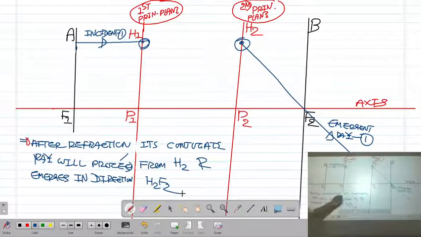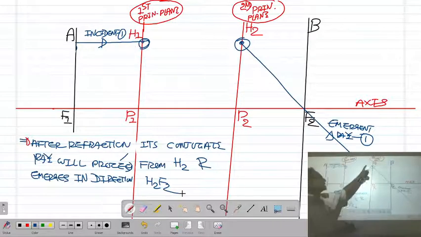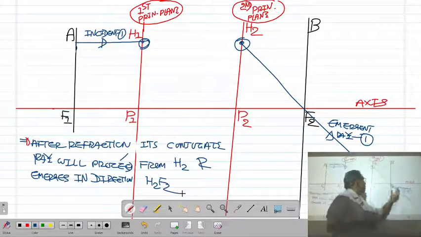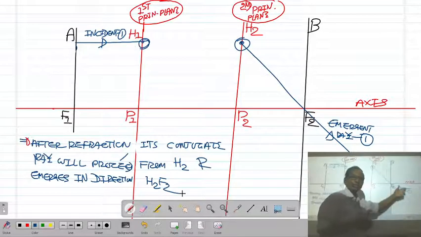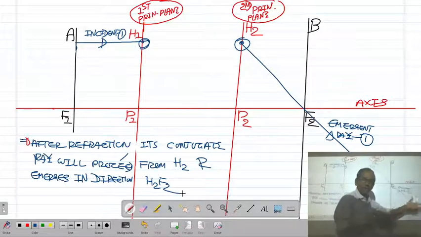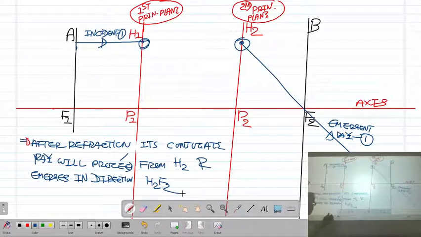Okay. So the ray of light AH1 traveling parallel to the axis is incident at point H1 of the first principal plane. After refraction, its conjugate ray will proceed from point H2 and emerge in the direction H2F2. So H2F2 is the emergent ray. So AH1 is the incident ray number 1 and H2F2 is its conjugate emergent ray number 1.